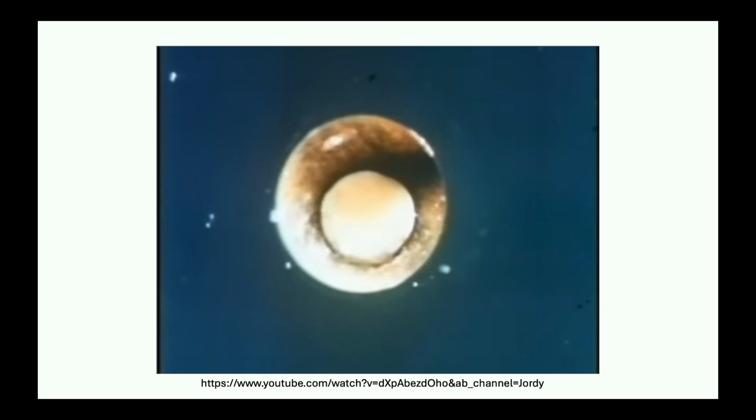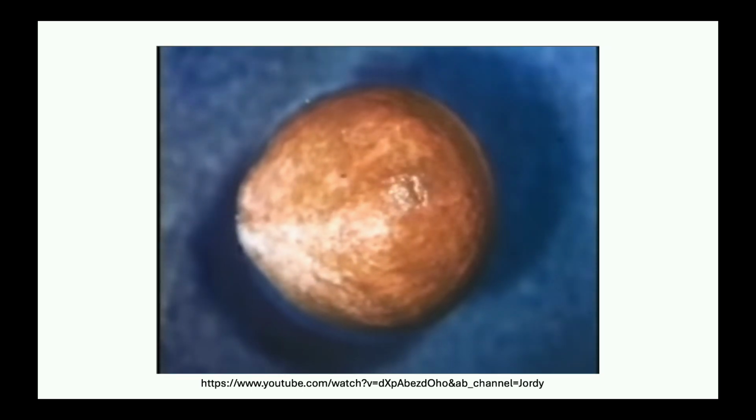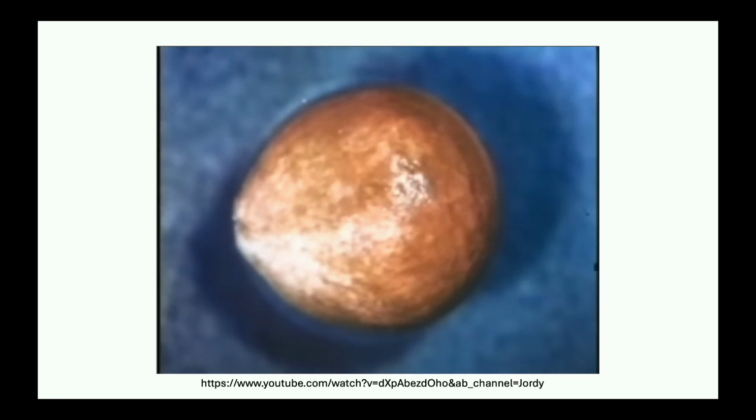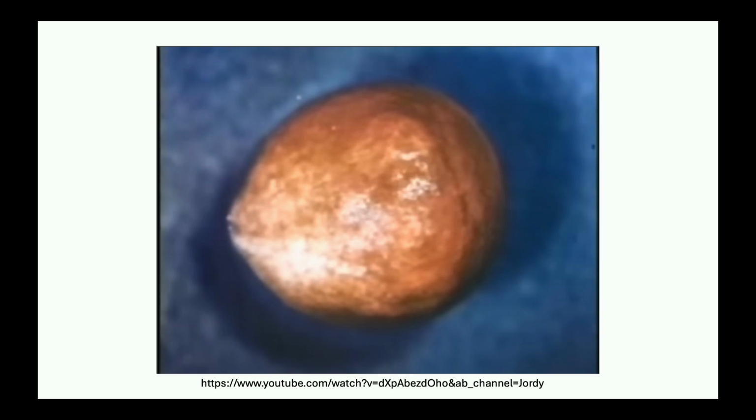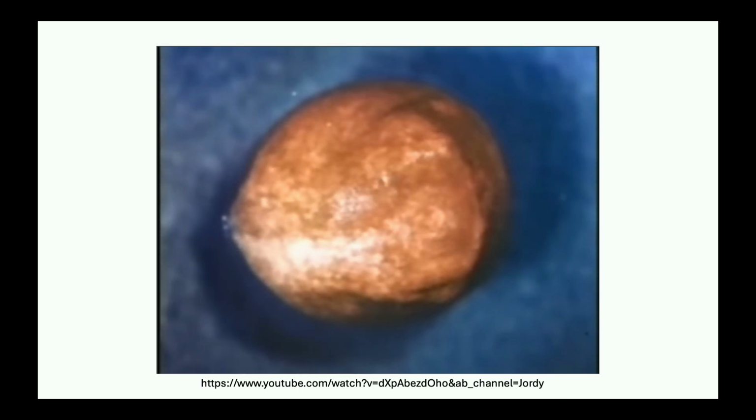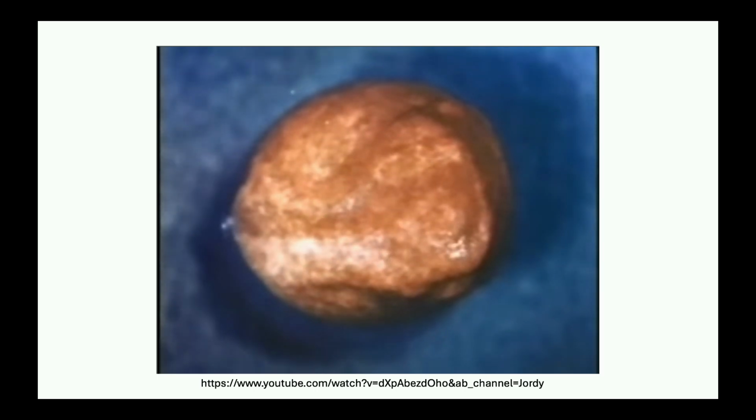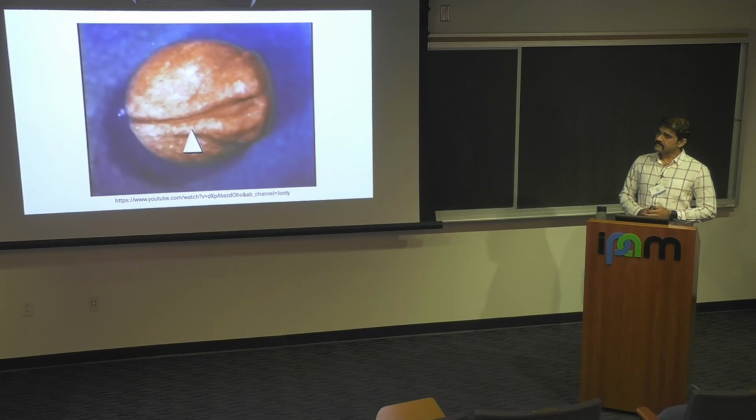The blastula develops into a gastrula. Neural folds develop and fuse to form the spinal cord and brain.